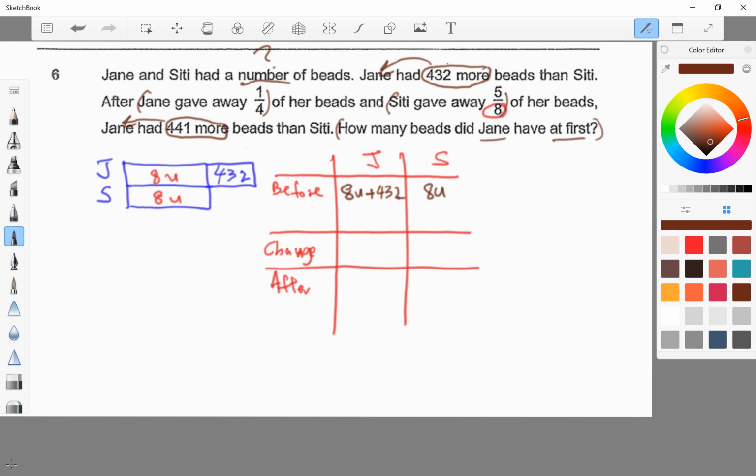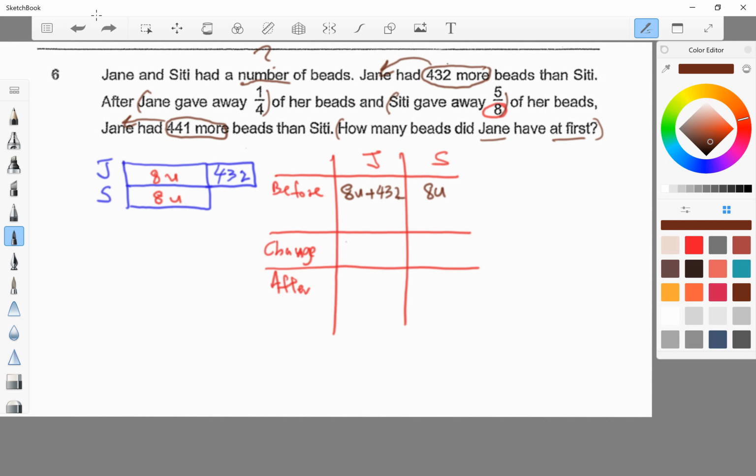And it was mentioned that Jane gave away 1/4 of her bits. So to show that in my table, I'll just label minus 1/4 bracket 8u plus 432. Okay, let me just write it clearly for everyone.